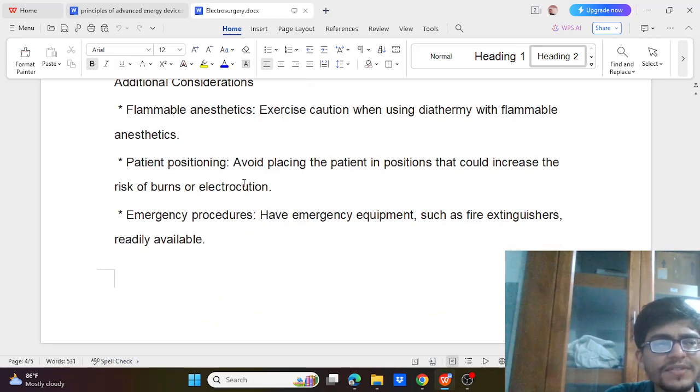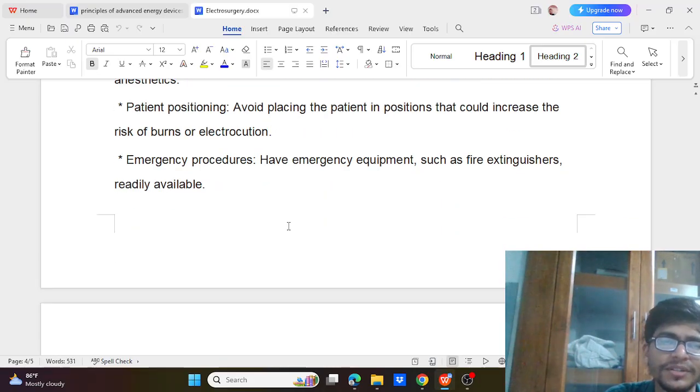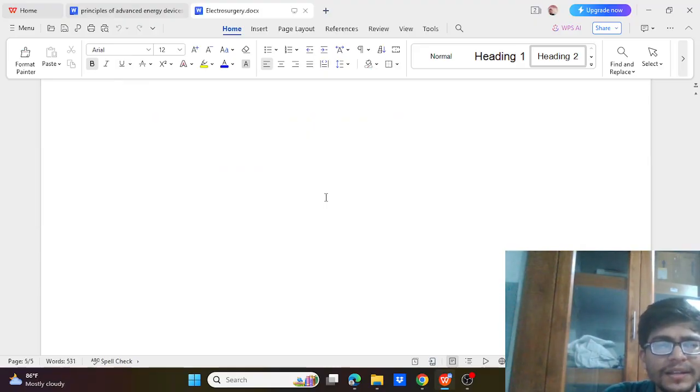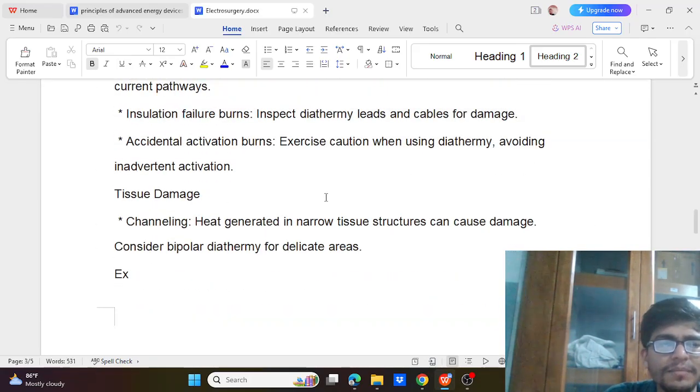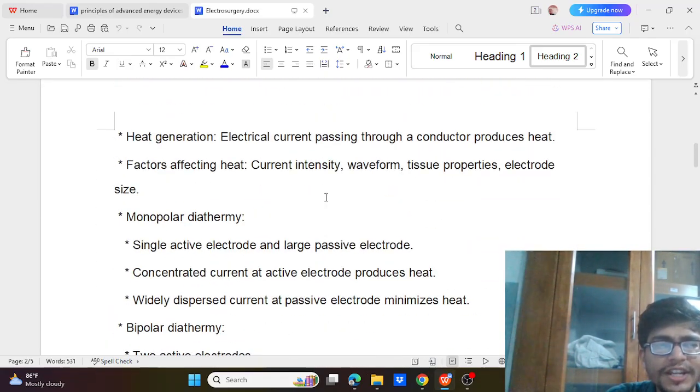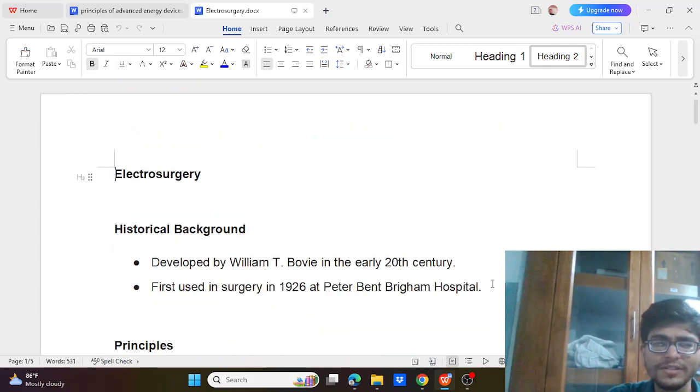Other considerations to keep in mind: flammable anesthetics are to be used with caution, patient positioning so that there is less chance of burn, emergency procedures, and there should be a fire extinguisher in case of emergency. So this was all about the basics of electrosurgery. Now we'll see some more details of electrosurgery.